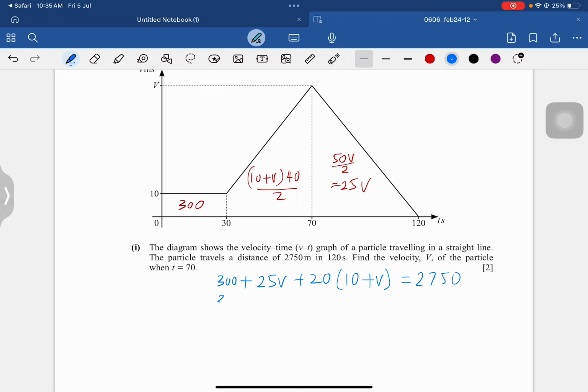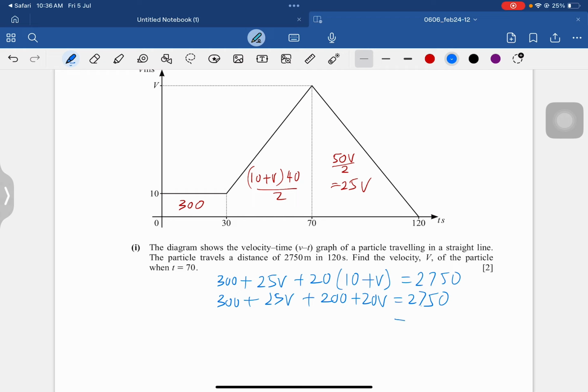Okay, we simplify a little bit first. 300 plus 25v, expand, 200 plus 20v equals to 2750. 300 plus 200 is 500.